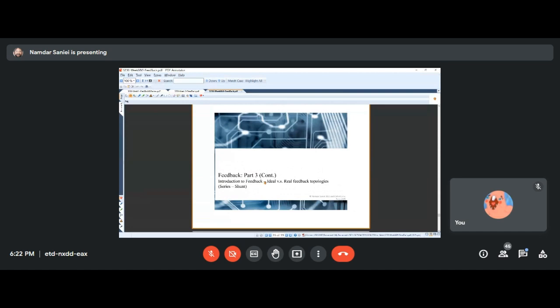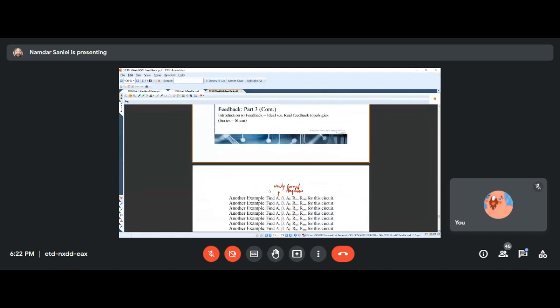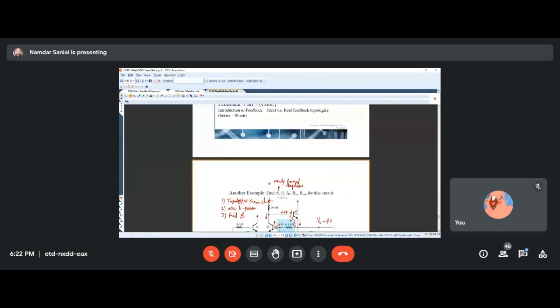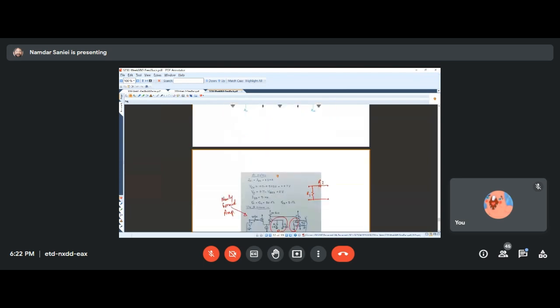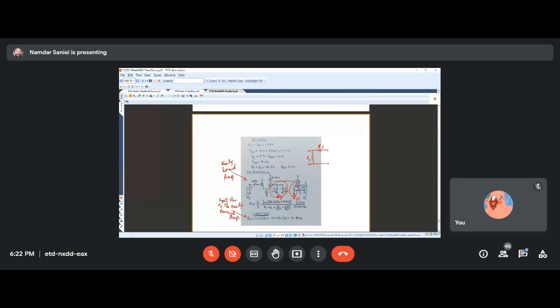Series shunt. Oh, it is still series shunt, which is the second example for series shunt. This was a good example too. We found the feedback network. We basically made the R11 and R22, brought them into the amplifier. It was a two-stage amplifier, so this became the newly formed amplifier.